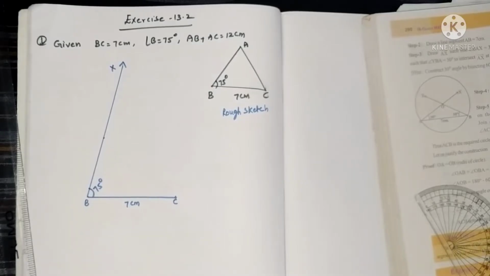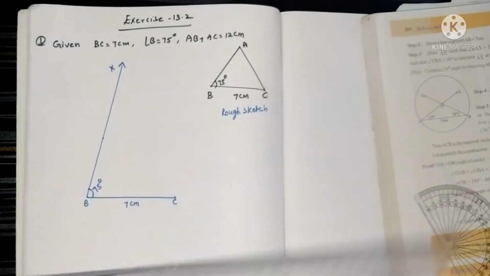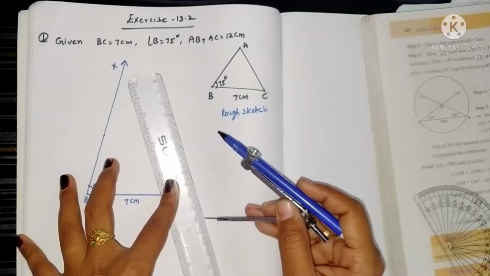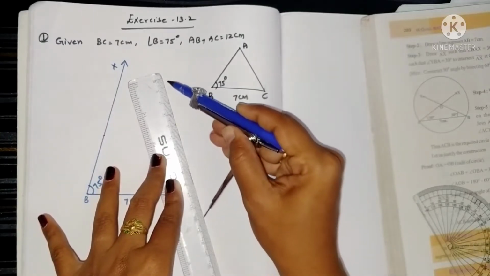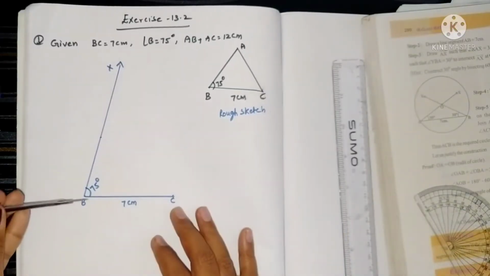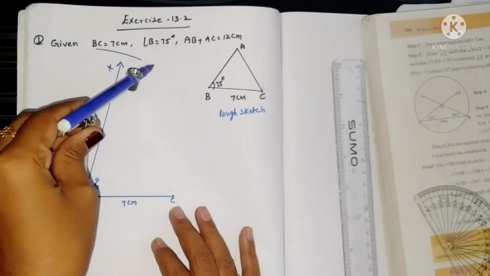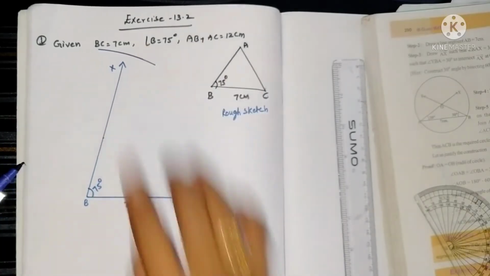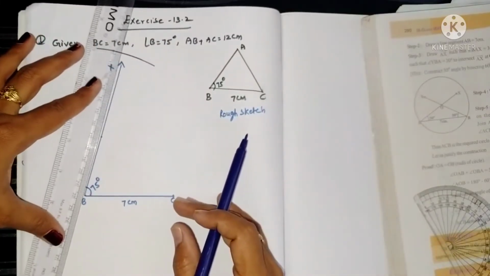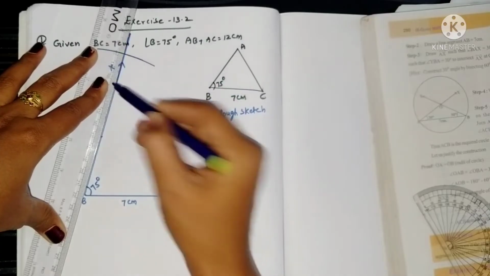Now with the compass, the sum of two sides, 12 centimeters, they gave. So we have to draw an arc with the radius of 12 centimeters. Take the radius 12 centimeters and by taking B as center, draw an arc. Now just extend the BX ray such that it intersects that arc.